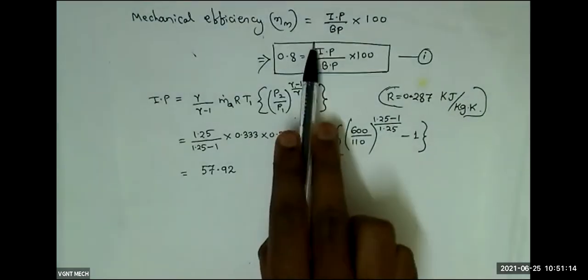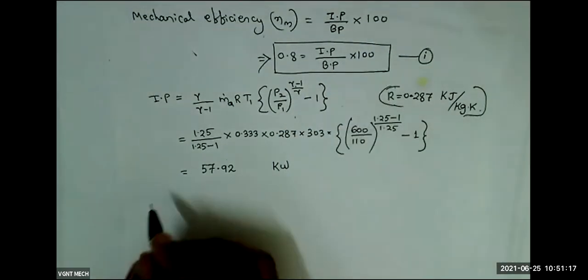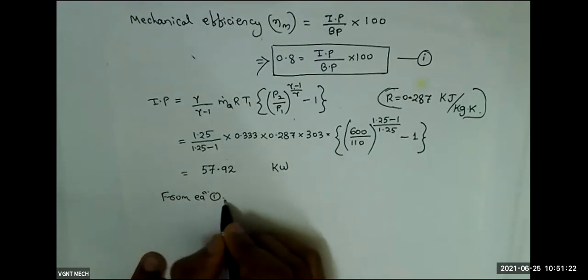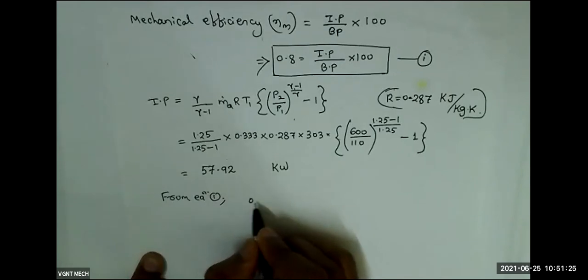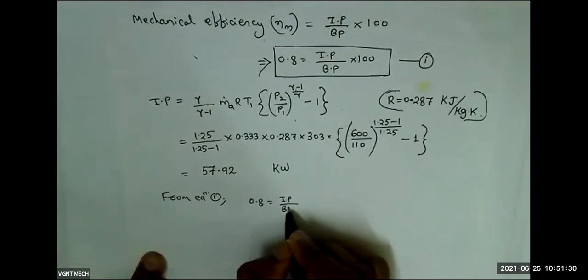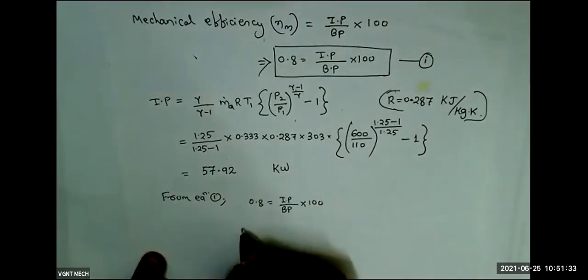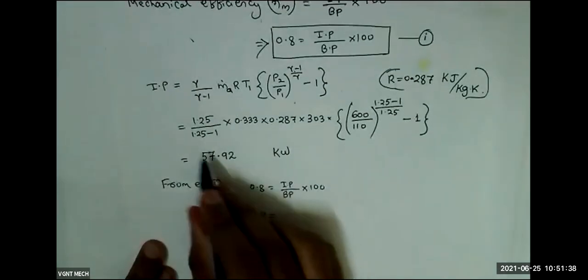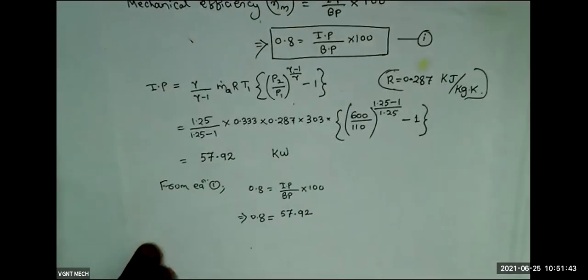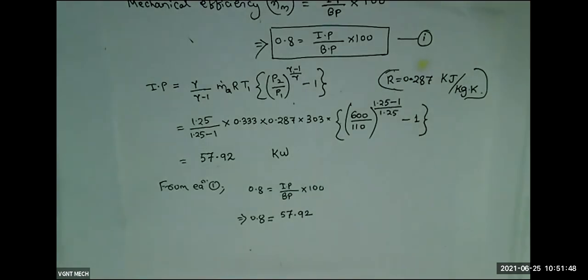Now this value we will put here and directly we will get the brake power. So from equation 1, we have 0.8 equal to indicated power divided by brake power into 100. That implies 0.8 equal to indicated power, we got 57.92. Two answers are being suggested, 57.92 or 58.48.